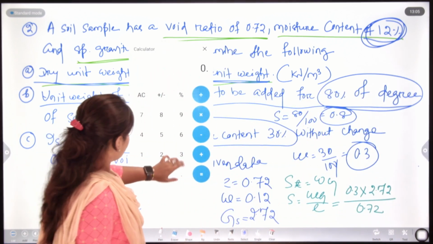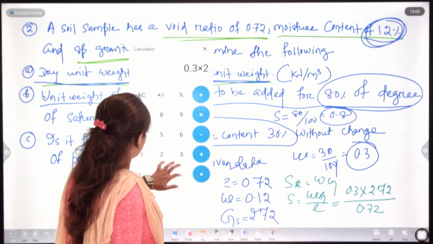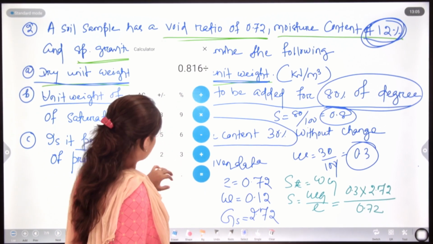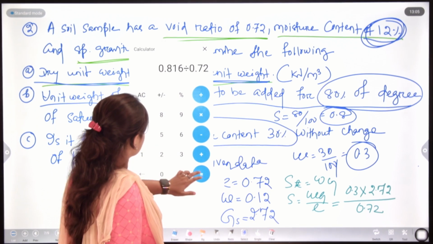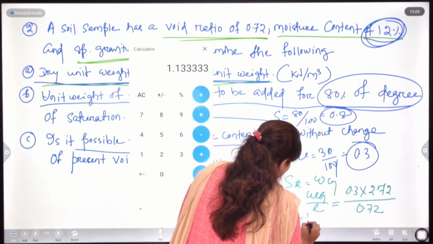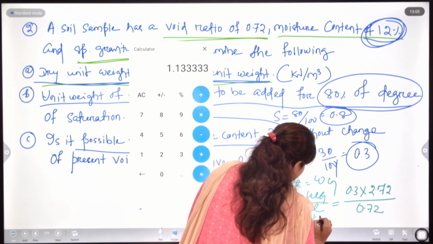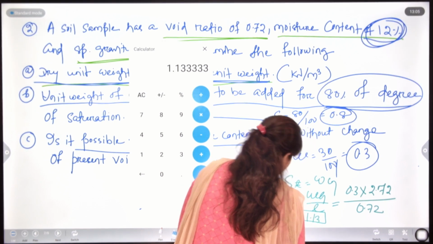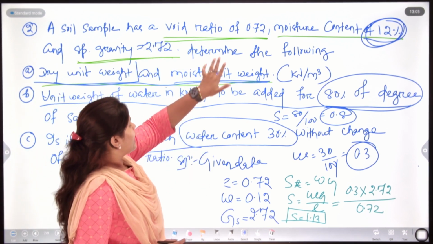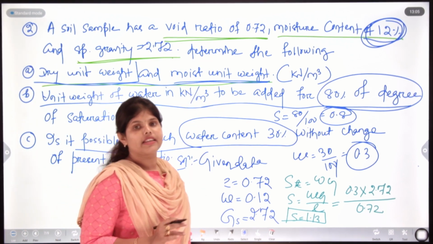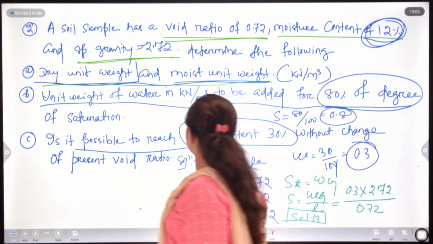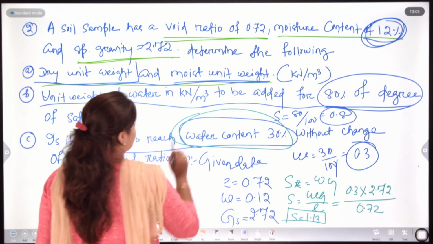So 0.3 with 2.72 by 0.72. Here S is your how much? 1.13. But we know S should lie between 0 and 1; S cannot be more than 1. So here it is not possible to reach this value.